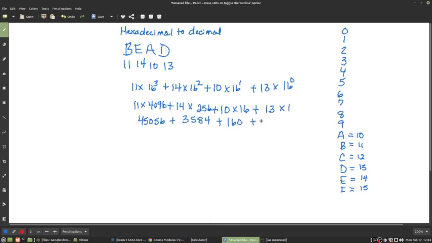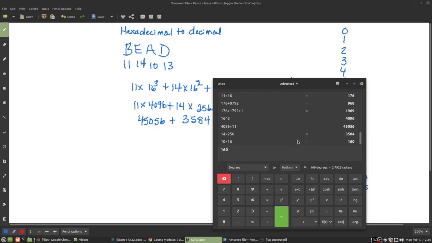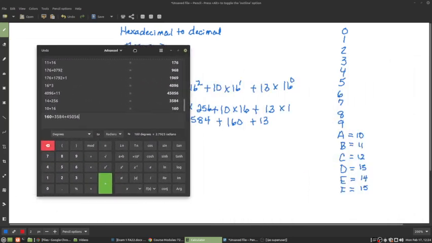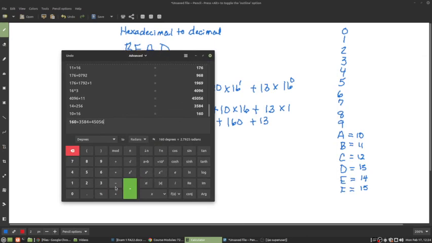160 plus 13. Okay. So let's go ahead and add these up. I should be able to say 160 plus 3,584 plus 45,056. Let's make sure we got everything. I still need a 13 there, don't I?